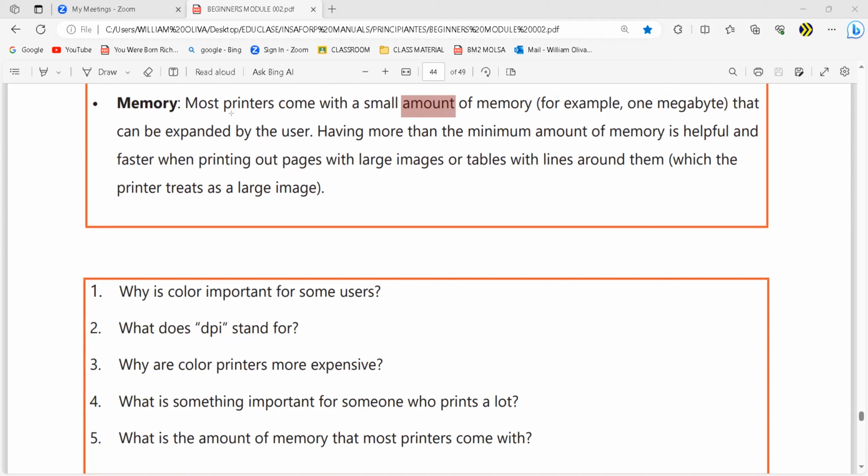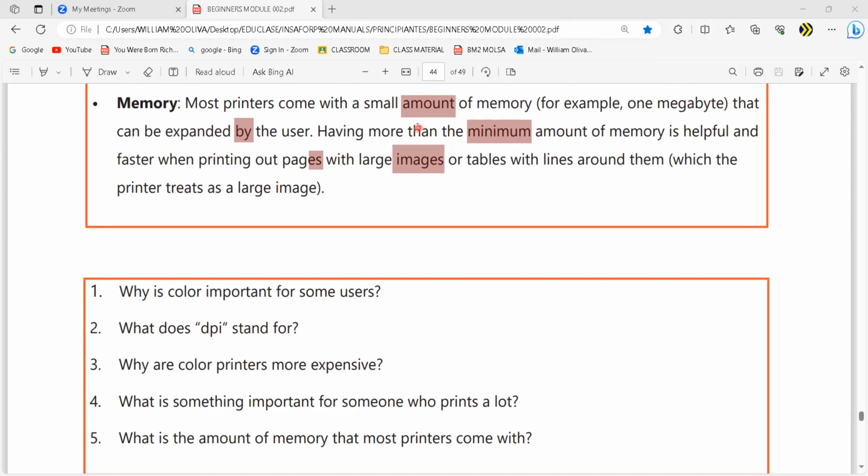Having more than the minimum amount of memory is helpful and faster when printing a page with large images or tables with lines around them, which the printer treats as a large image. Very good.